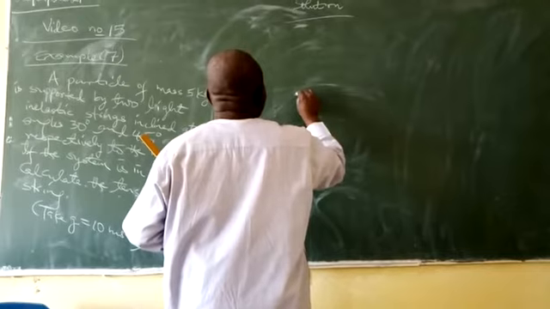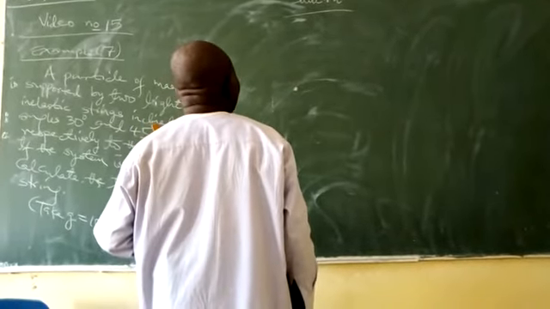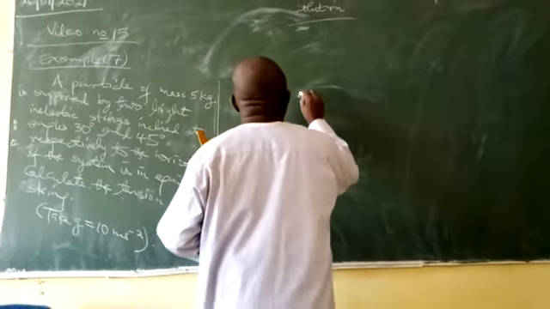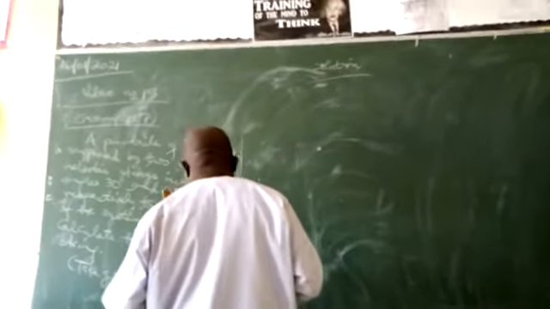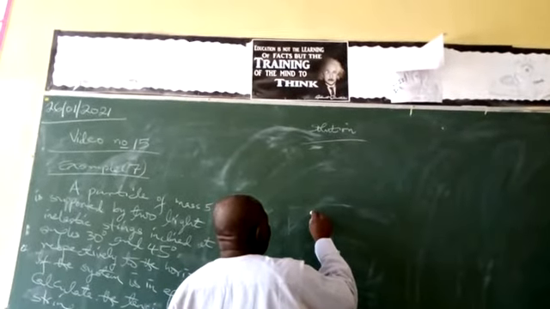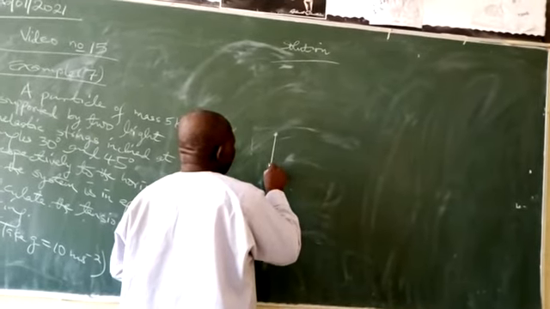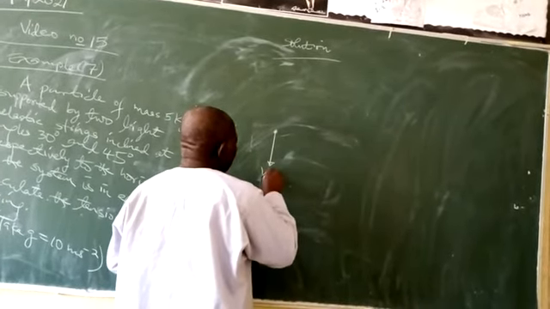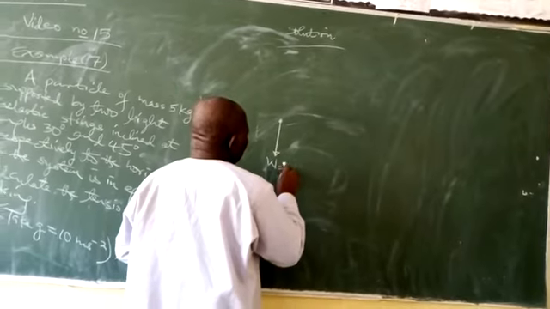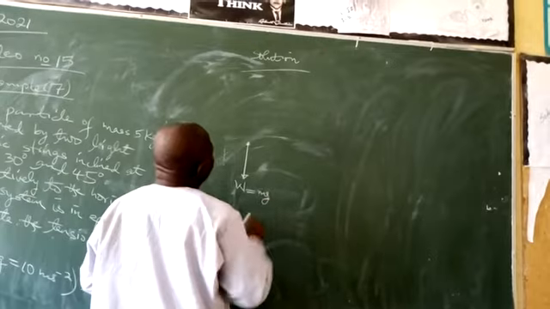Let me model it as a particle. Let that dot be the particle. So now the mass of this particle is 5 kg. Because of the mass, the weight will be acting vertically downwards. That is the weight of that particle, W, which is equal to mg.